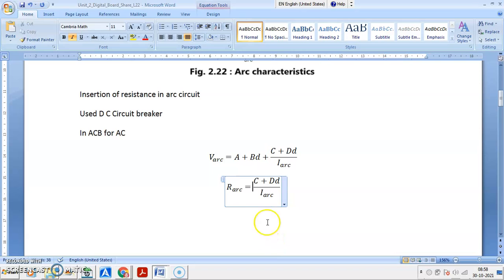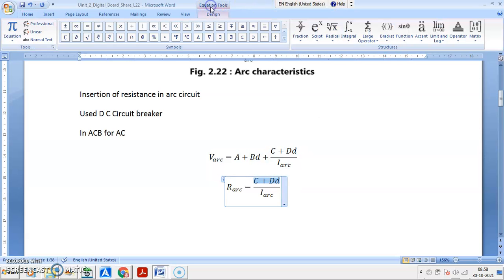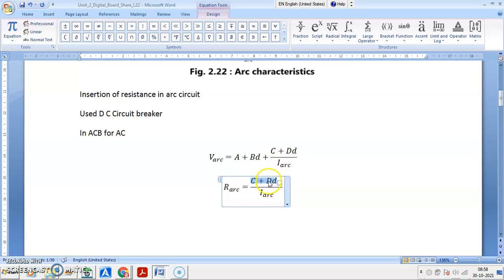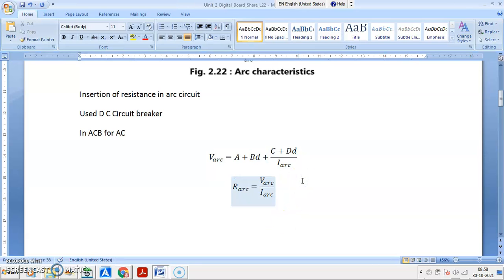This arc resistance is equal to V arc by I arc. So this is giving you R arc, the resistance of the arc. In this case, what are we having?